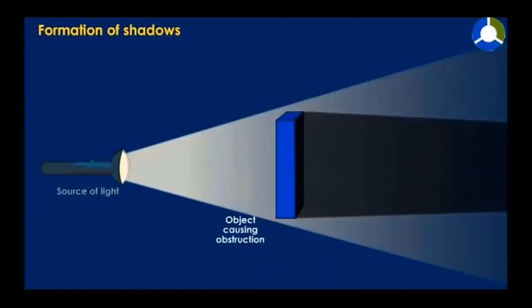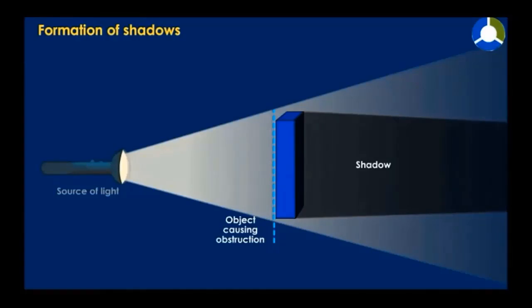Here you can see that rays are stopped from going to the other side of the opaque body. Thus, the space behind the body does not receive any light from the source. The space behind the opaque object where the light cannot reach is called a shadow. Thus, shadows are formed when light is stopped by an object, mostly an opaque object.